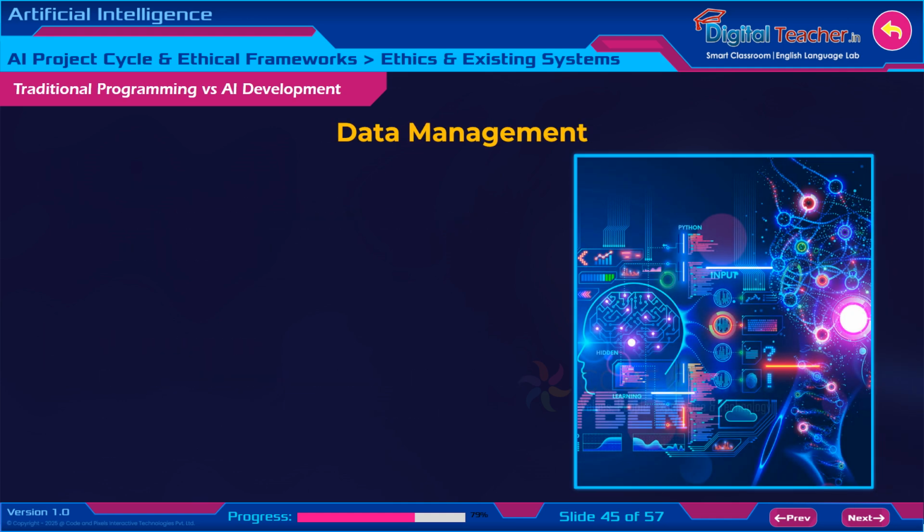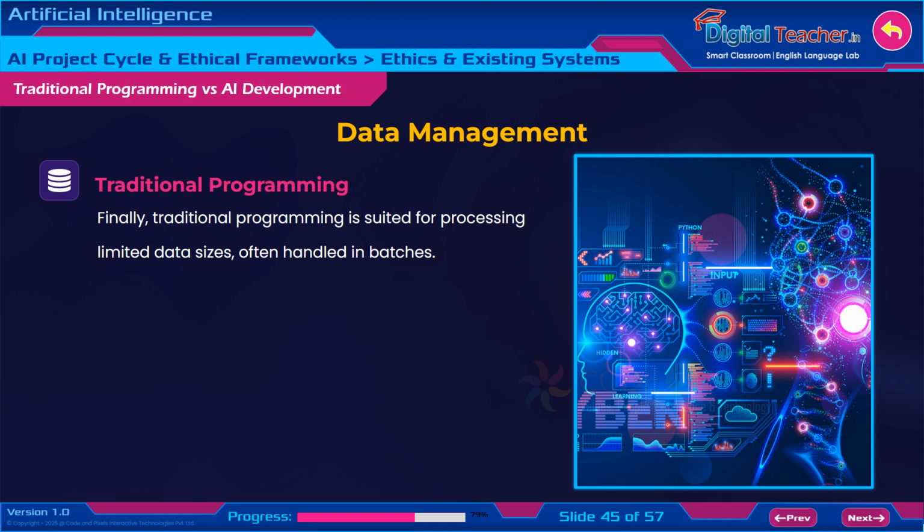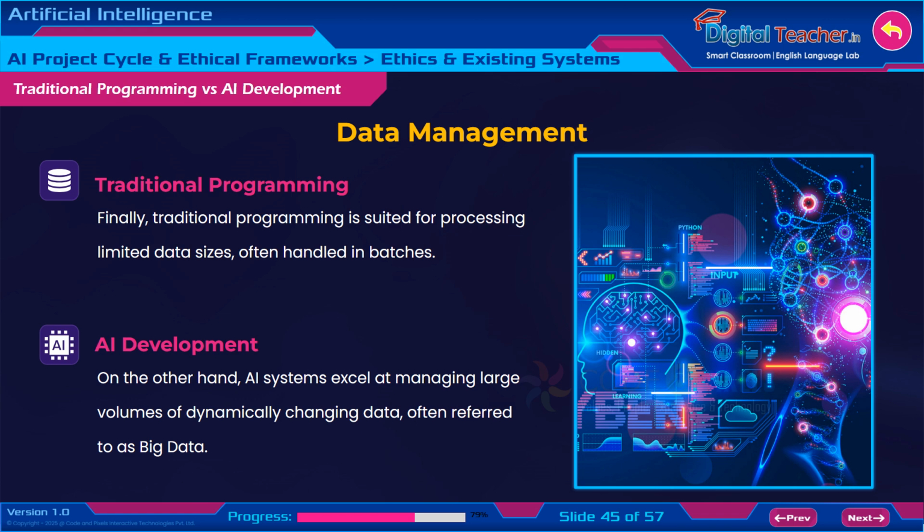Data management. Finally, traditional programming is suited for processing limited data sizes, often handled in batches. On the other hand, artificial intelligence systems excel at managing large volumes of dynamically changing data, often referred to as big data.